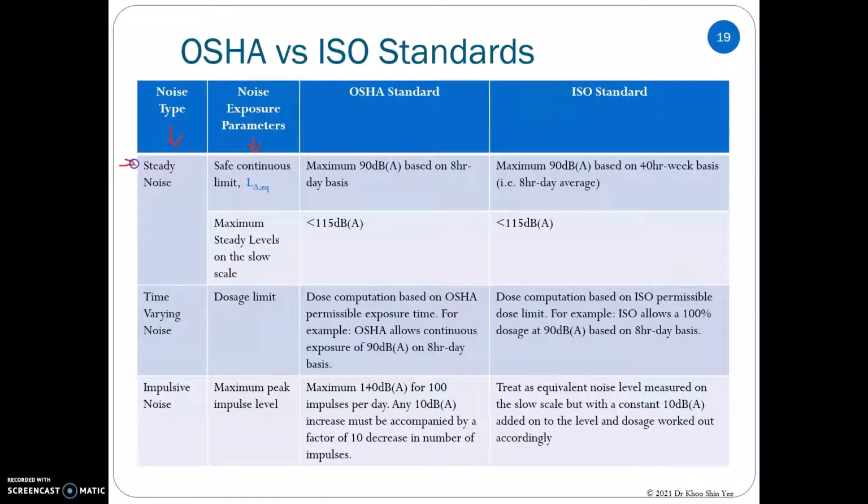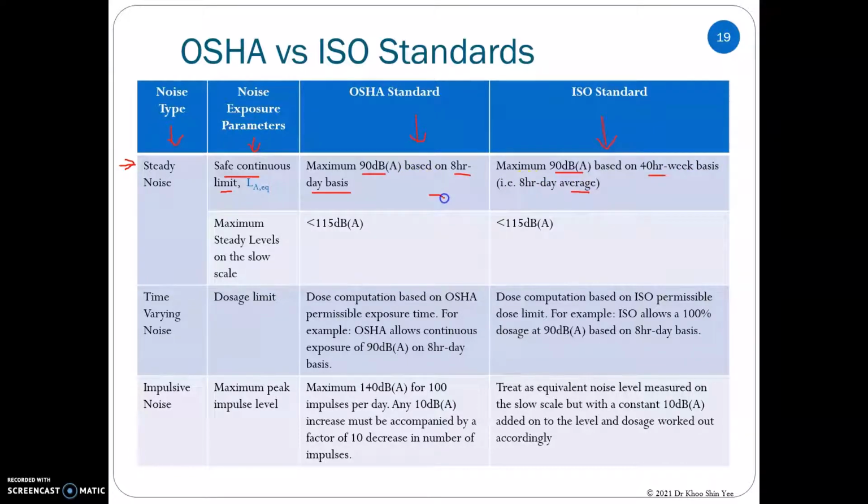For the steady noise, the safe continuous limit, which is the LAEQ, is equal to 90 dBA based on 8 hours per day basis. So this is for the OSHA standard. For the ISO standard, the maximum LAEQ is equal to 90 dBA based on 40 hours per week basis. So if we take the average per day, it is equal to 8 hours.